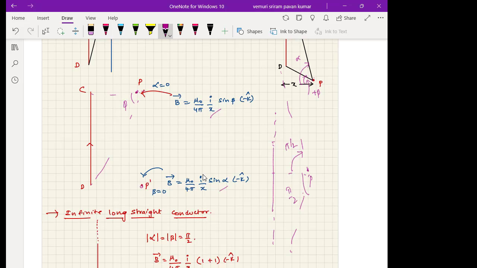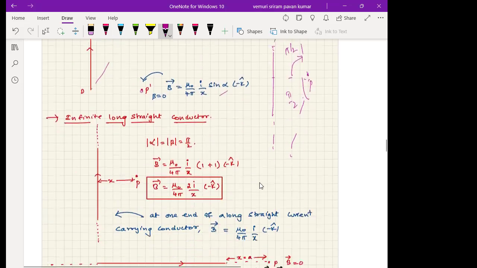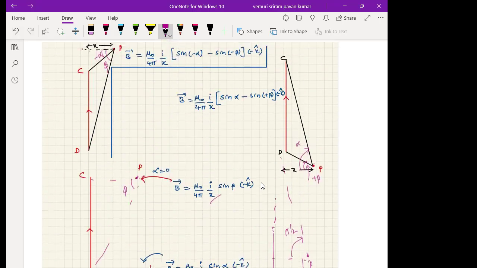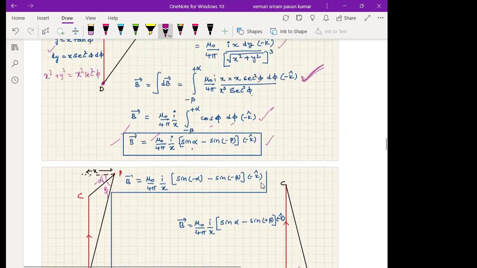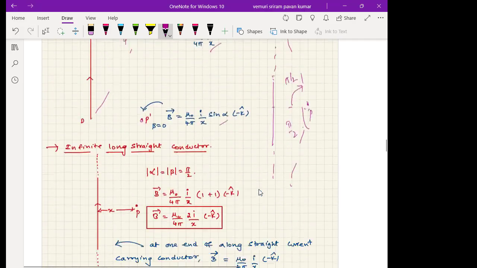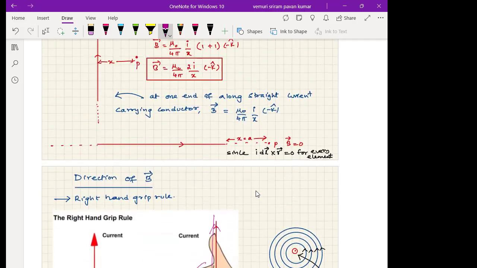Any doubts? So now I have discussed the field due to an infinitely long straight current carrying conductor, and the field due to a long straight current carrying conductor at different places. Okay, the basic derivation. Any doubt in this, please ask me right now. One more important point: if we select a point on any of these lines, for example some point over here, the field is 0.